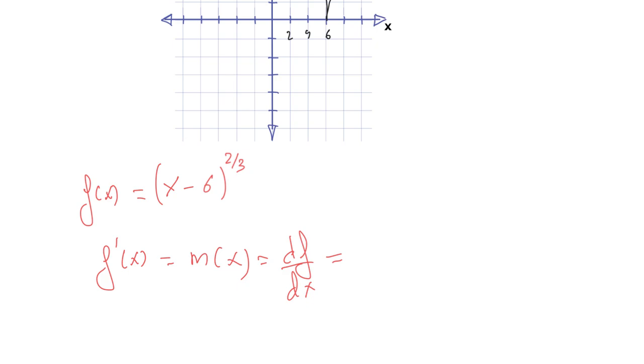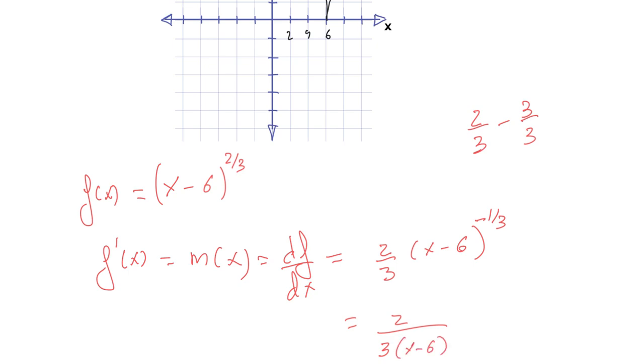We apply the power rule, and the power rule says that this is 2/3 times (x minus 6) raised to the power 2/3 minus 1. 2/3 minus 1, where 1 is 3 divided by 3, so 2/3 minus 3/3 is minus 1/3. So we write this like 2/3 multiplied by (x minus 6) to the minus 1/3.